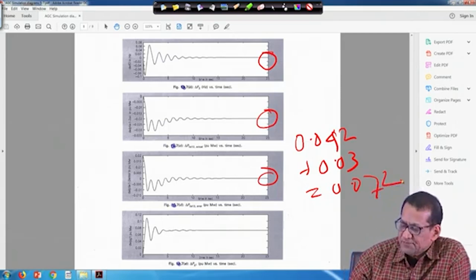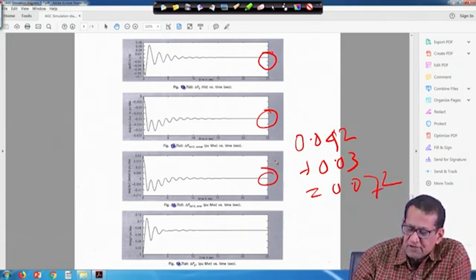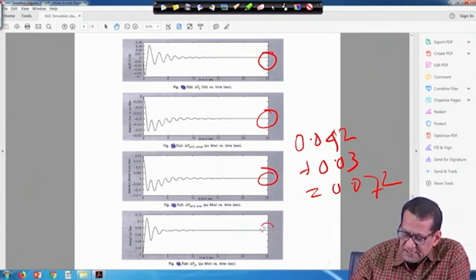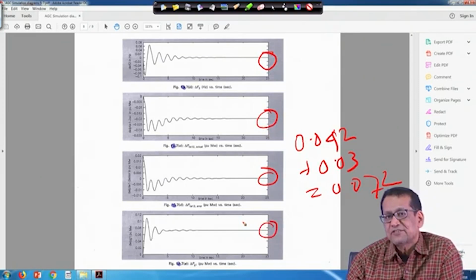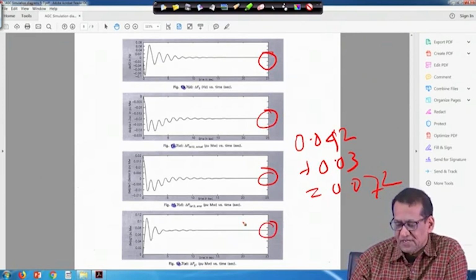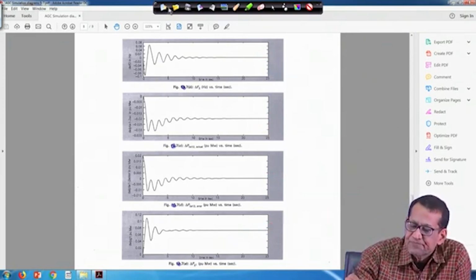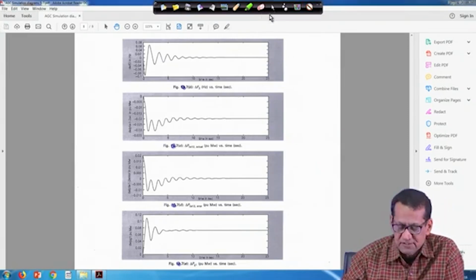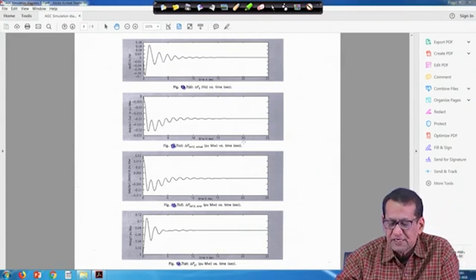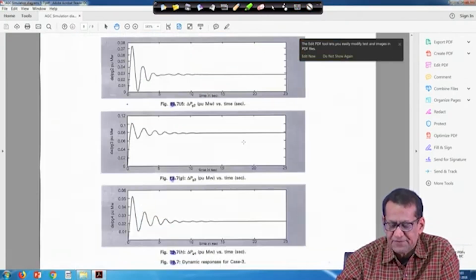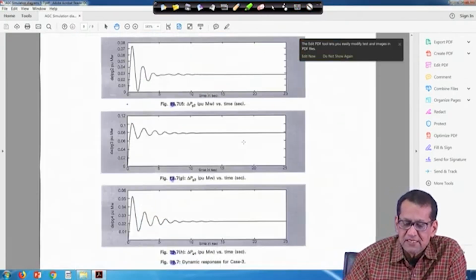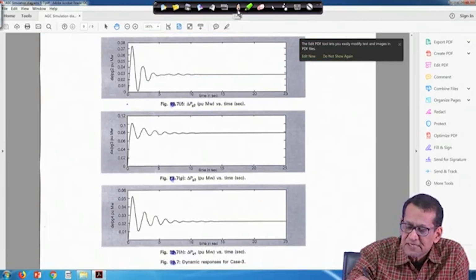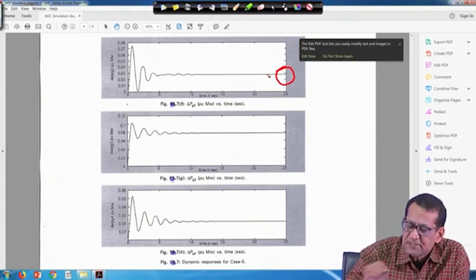So, if you look into these dynamic responses, your delta Pg1 is actually 0.072, right. Similarly for your delta Pg2, it will be 0.028. So, if you look into these dynamic responses, this one is for delta Pg2.